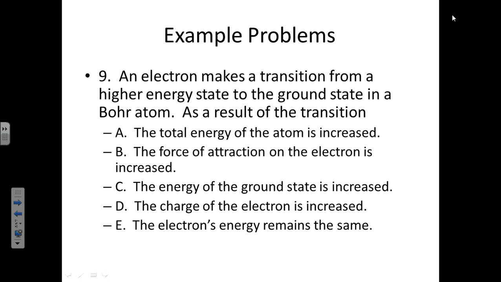All right, let's look at 9. An electron makes a transition from a higher energy state to the ground state in a Bohr atom. As a result of the transition, which one of those is true? Just going from higher energy to lower energy.